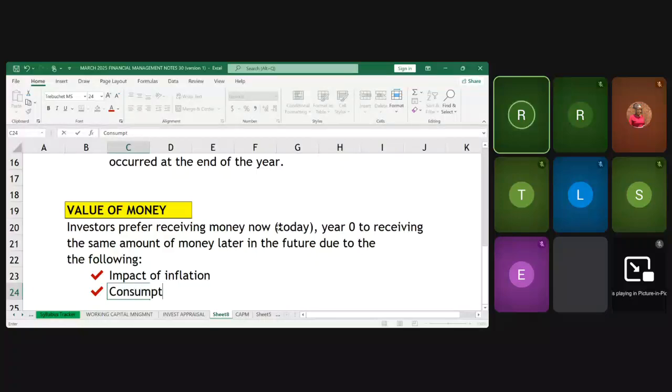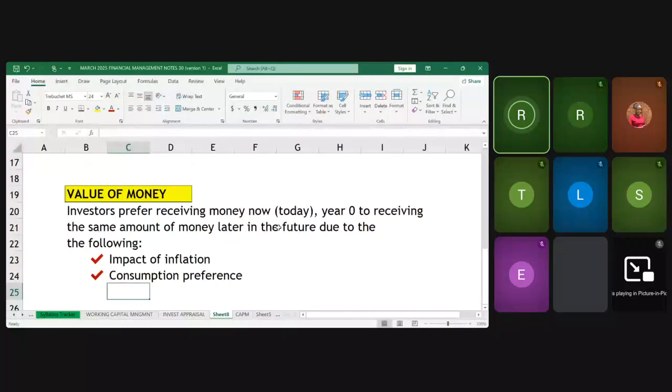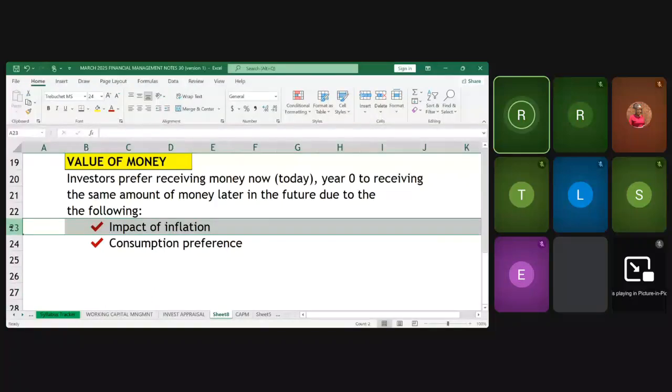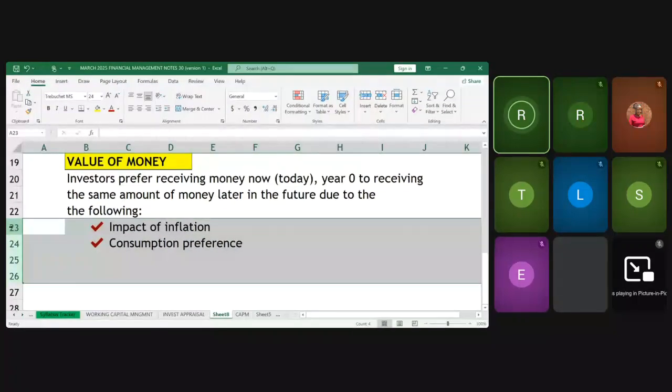You would want to consume your money because you are broke or you have something critical that you want to use money for. So, due to the consumption preference, you would appreciate receiving your money today rather than postponing the opportunity to some time later in the future.